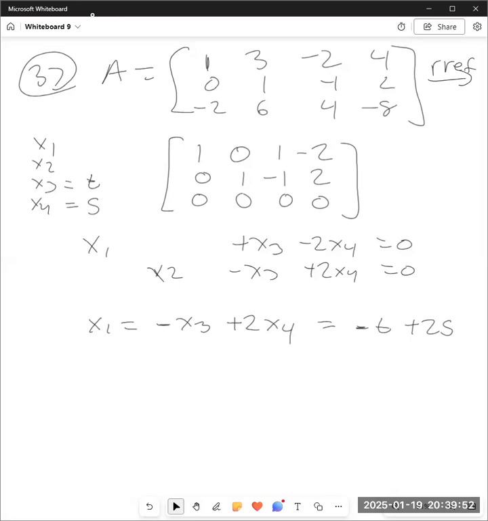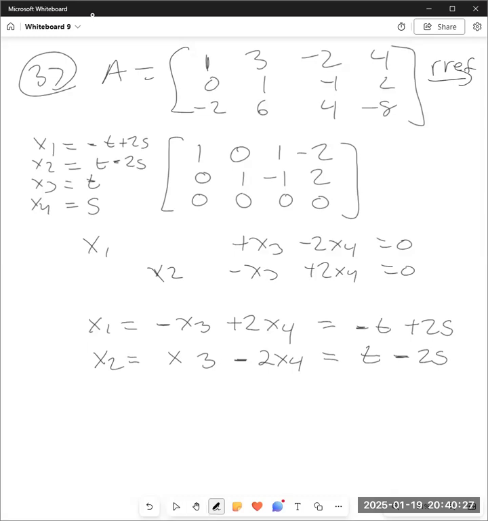So that's that one, and then x2, when I solve for it, is going to be x3 minus 2x4, which is t minus 2s. So this is -t plus 2s, and this is t minus 2s.